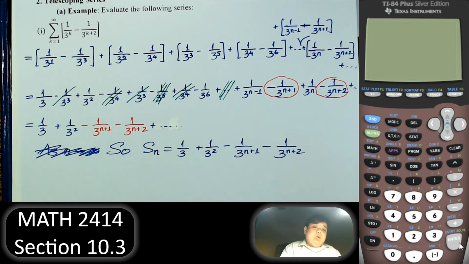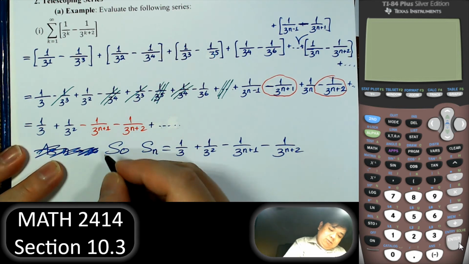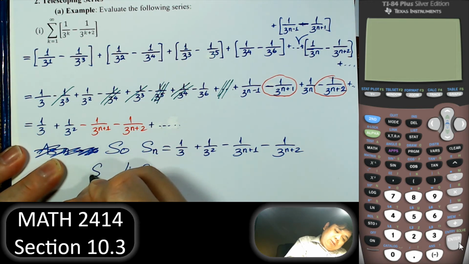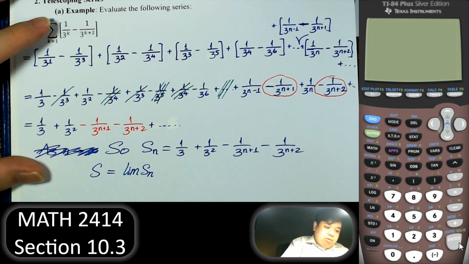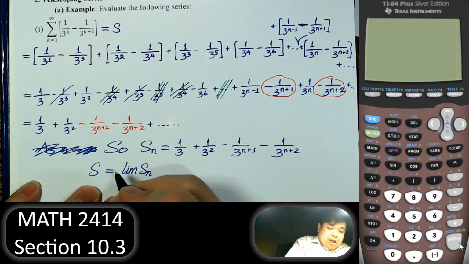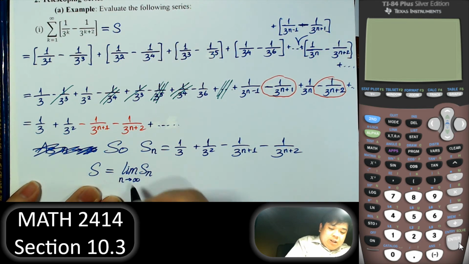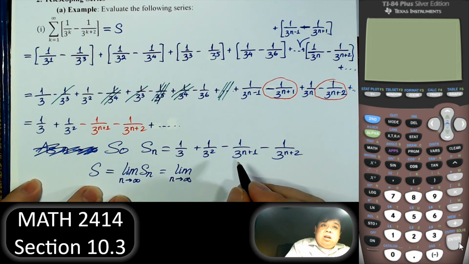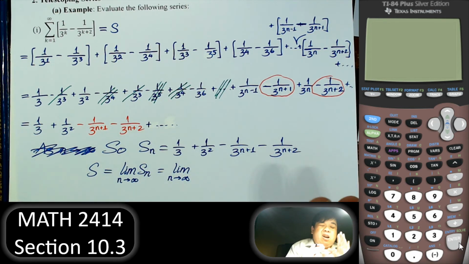Now, if we take n goes to infinity, the sum of the sequence, as n goes to infinity, we're just going to take the limit of this. Notice that this is a series, this is not a sequence.